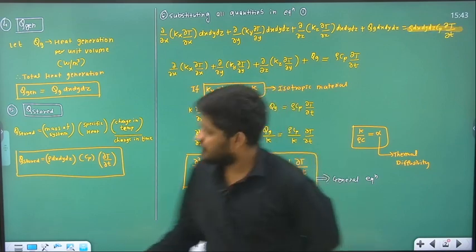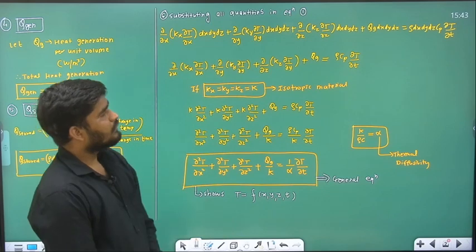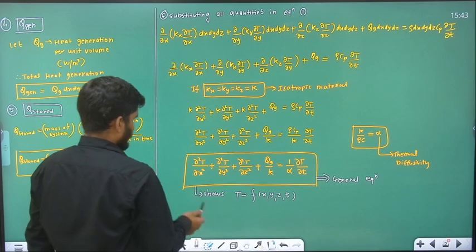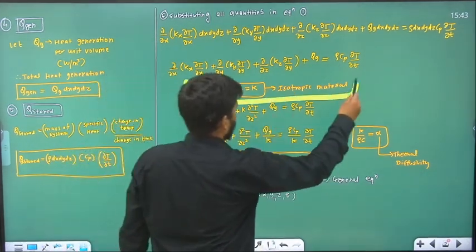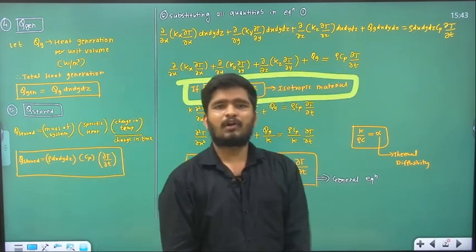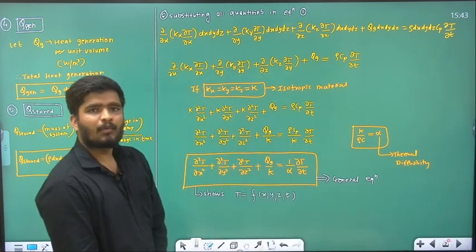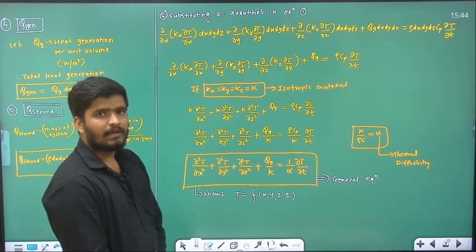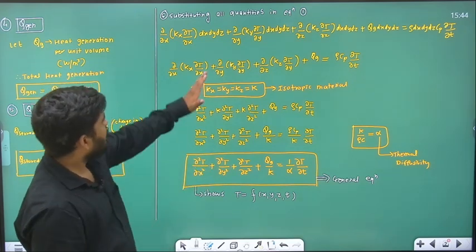So let us take common. See, dx dy dz is common, that will be cancelled out. So here I have considered that the material is isotropic. It means the property will not vary in a specific direction. So that's why I have considered the thermal conductivity kx, ky, kz equal to k, which is constant. So that constant will be getting out.